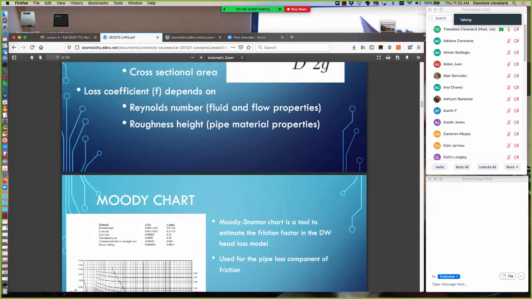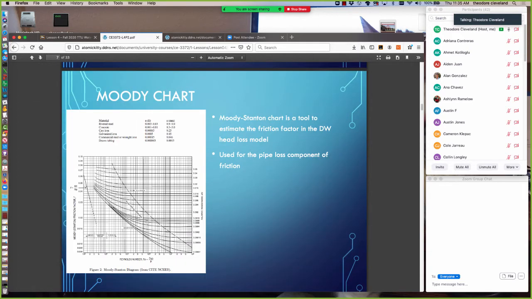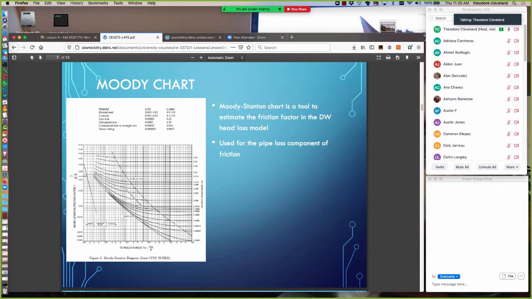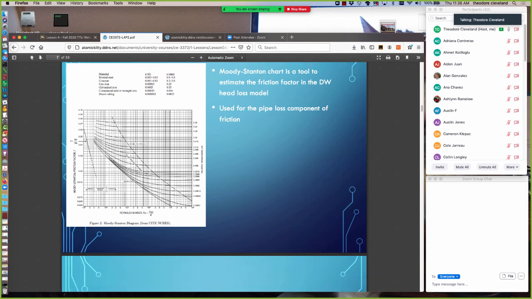So this will be a quick review of the Moody chart. In water system design, the Moody chart is useful but not terribly practical for a complex system. It was a tool to estimate the friction factor in the Darcy-Weisbach head loss model and is used for the pipe loss component of friction.